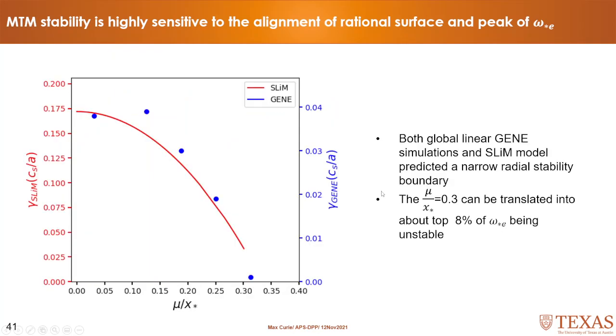If we extract the distance from the rational surface to the peak from the gyrokinetic simulation, marked as the blue dots, and overlay it with the SLiM dispersion relation calculation we discussed at the very beginning of the talk, we find both the simulation and the reduced model predict that it is highly stabilizing as the rational surface goes further away from the peak of omega star E. Right around 0.3, it becomes completely stable.